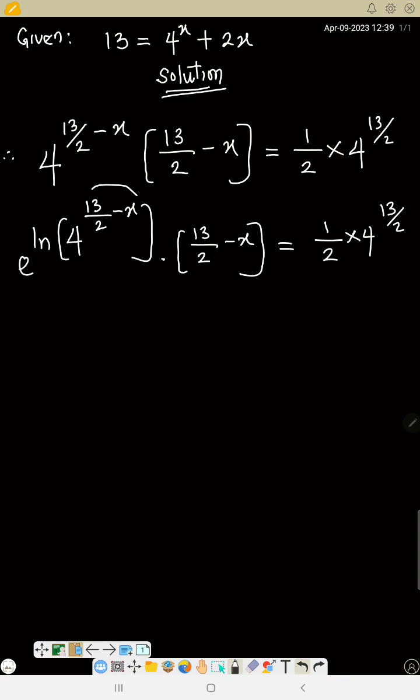So this power can go to the back. Remember the law of logarithm: log a raised to power n is n log a.